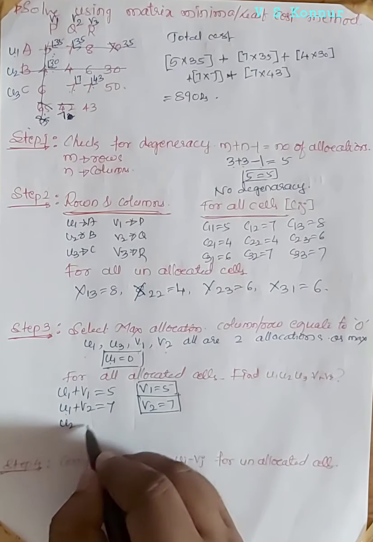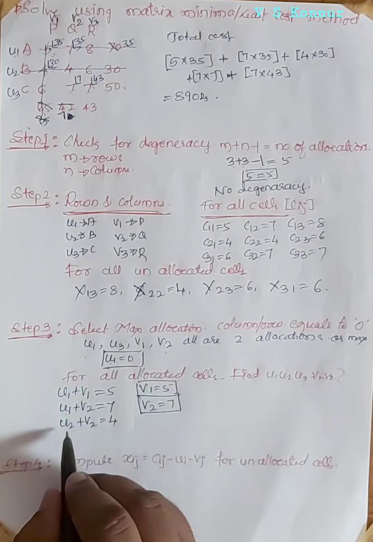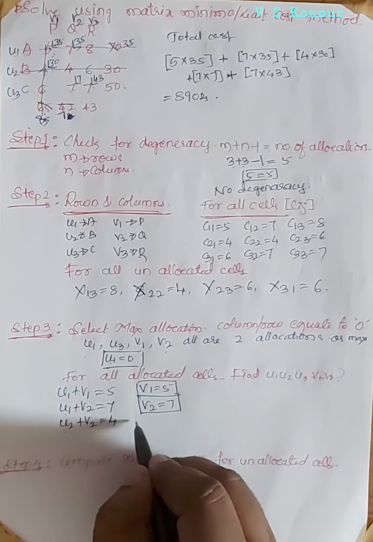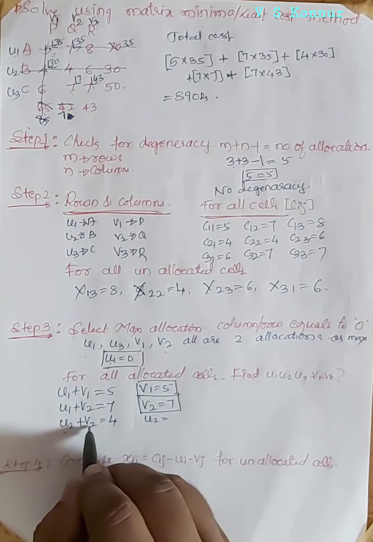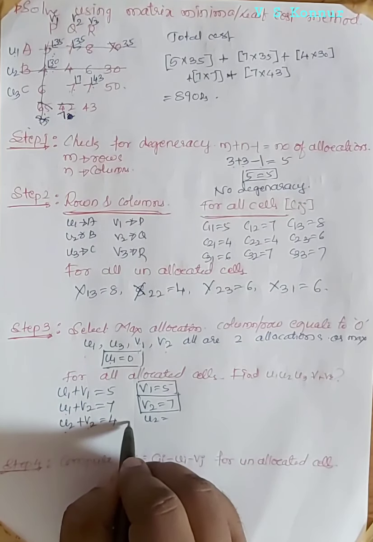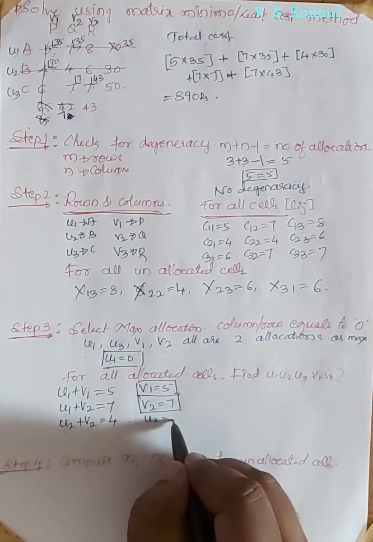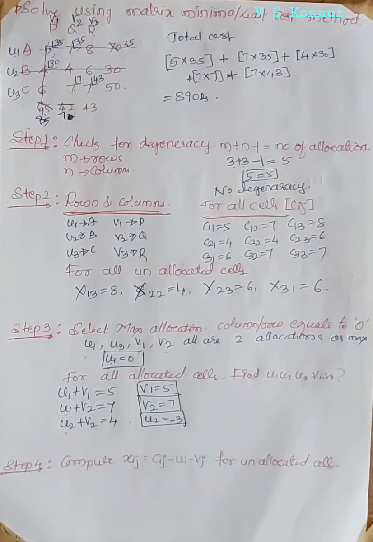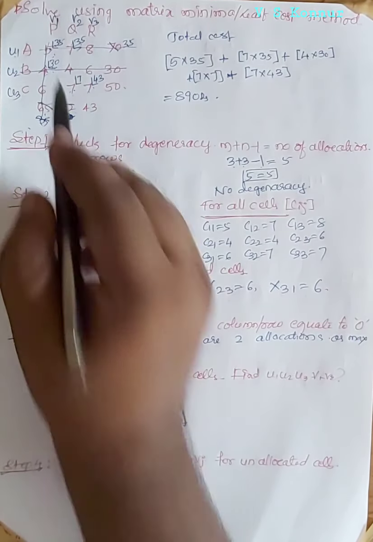Next we'll go for U2 plus V2 is equal to 4. You have calculated V2 value as 7, so if it goes to this side, minus 7 plus 4, minus 3 we will get. U2 is equal to minus 3. Sorry, U2 plus V1 equal to 4.